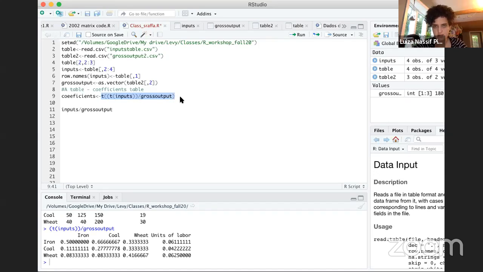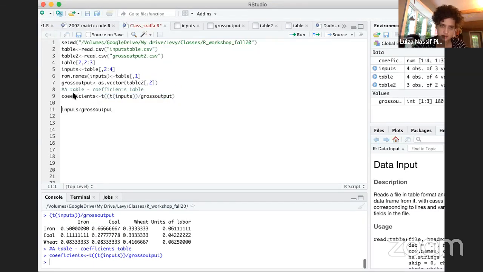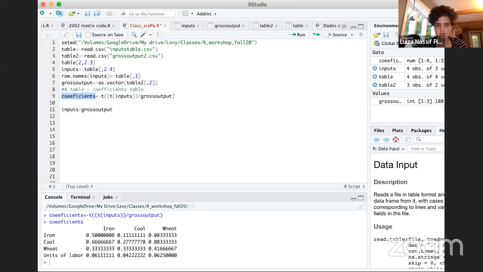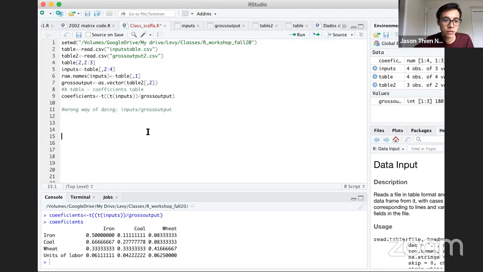Everyone follows me? I transpose the inputs, divide by gross output, and transpose it back. Then it looks like what we need it to look like. The wrong way of doing it is like this. Everyone follows?